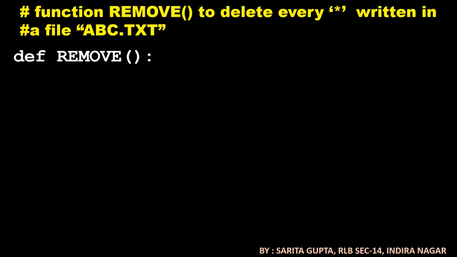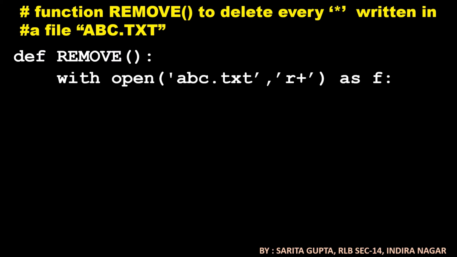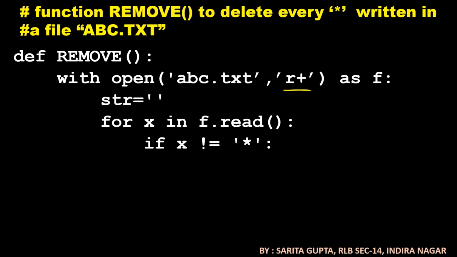Now here also we can perform the reading and writing operations simultaneously on the file by opening the file in r+ mode, opening the file for both reading and writing, then reading all characters from the file and storing all characters except asterisk in a variable str here.